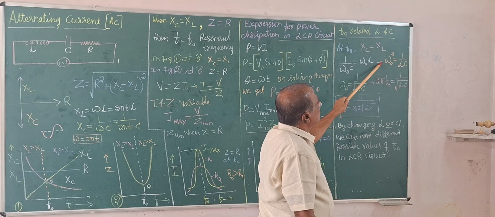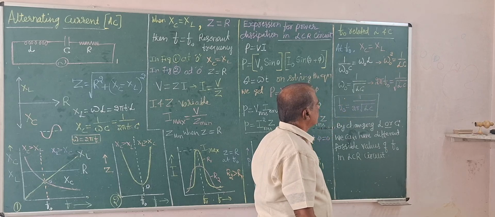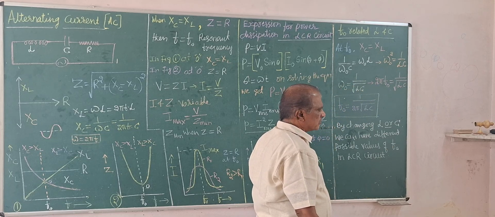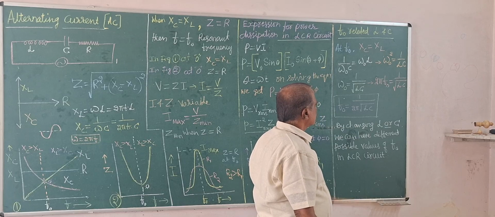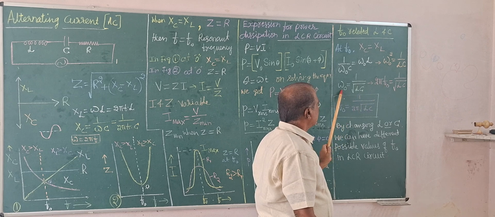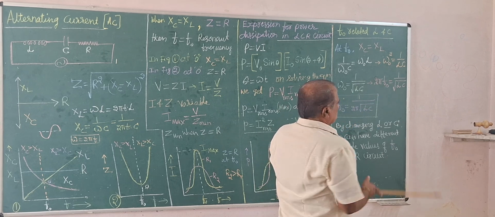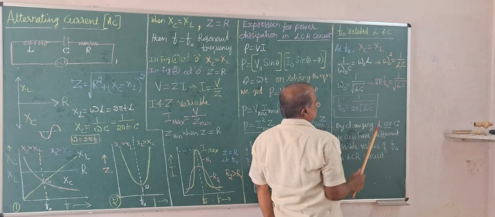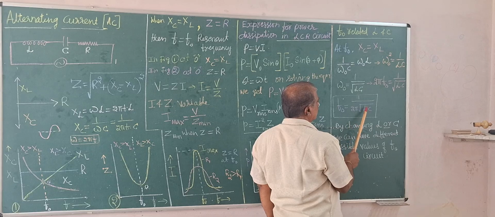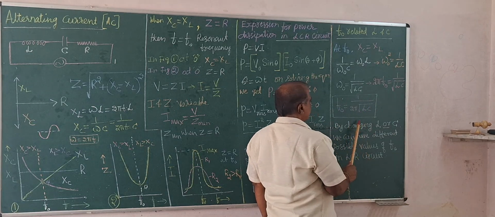Rewriting this equation, omega naught squared is equal to this, and omega naught equals 1 by root of the right hand side. Substitute for angular frequency as linear frequency: omega naught is equal to 2 pi F naught, so F naught equals 1 by 2 pi root of LC. Concentrate on this equation.